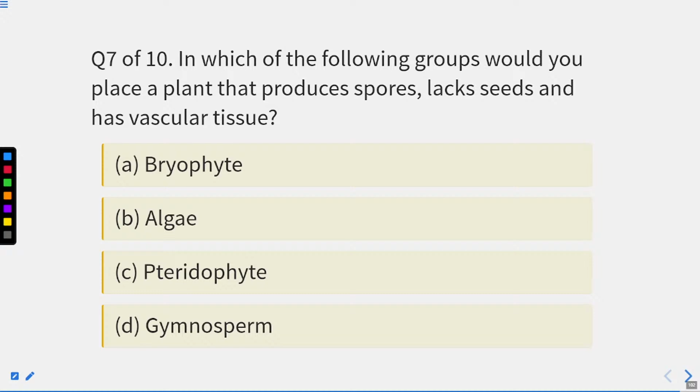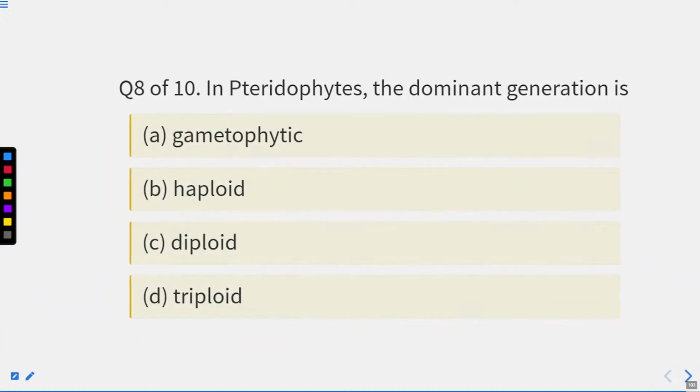Bryophytes, algae, pteridophytes and gymnosperms. So I hope you have noted down this question. So I'm moving to the next question.